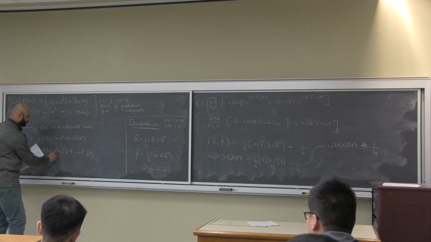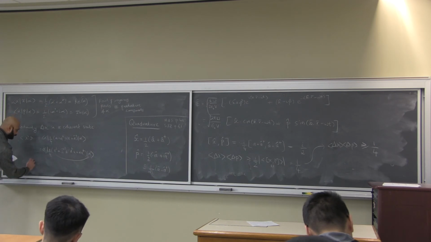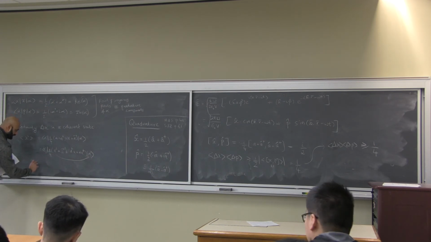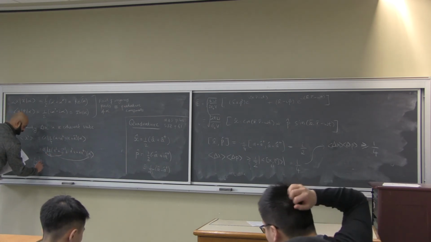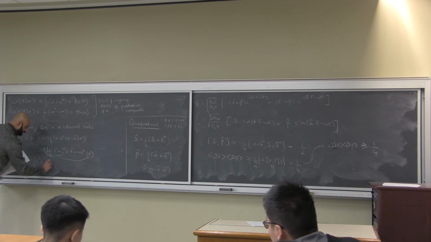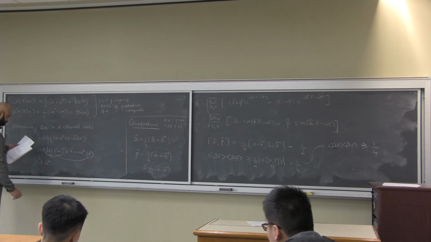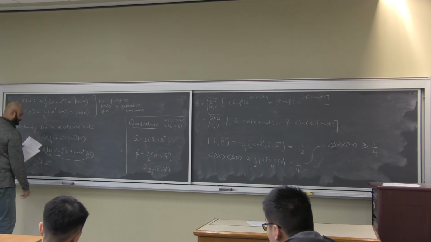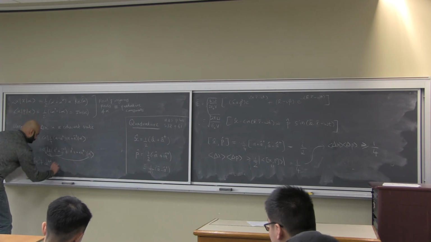So a squared, I can operate on alpha, that gives me alpha squared. Then a dagger squared, I can operate on this alpha from the left, that gives me alpha star squared. And then I can do the same thing, a dagger acting on alpha from this side, a acting on alpha from that side, I get alpha star alpha.